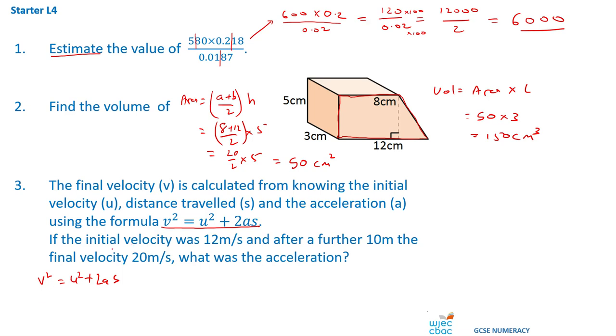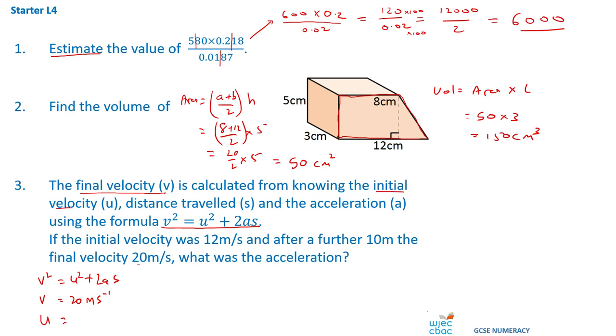Now if we go through each of these terms in turn, v, it tells us v is the final velocity. There you go, final velocity v, and it tells us the final velocity is 20, so that's equal to 20 meters per second. You can write it like that. The next term is u, that's the initial velocity, it tells us that in the question.